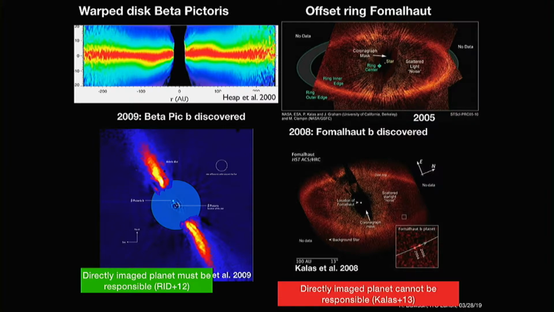But as the planet was studied more, both its orbit and other physical properties that show if it's a planet, it must be really low mass, told us that this planet was inconsistent with actually causing this offset. So there may be another undetected planet there causing it, and if we try to use this to learn about this detected planet, then we're going to be very much off about its properties.